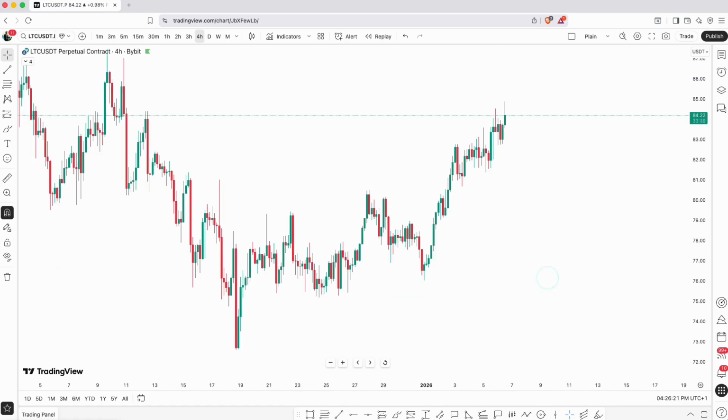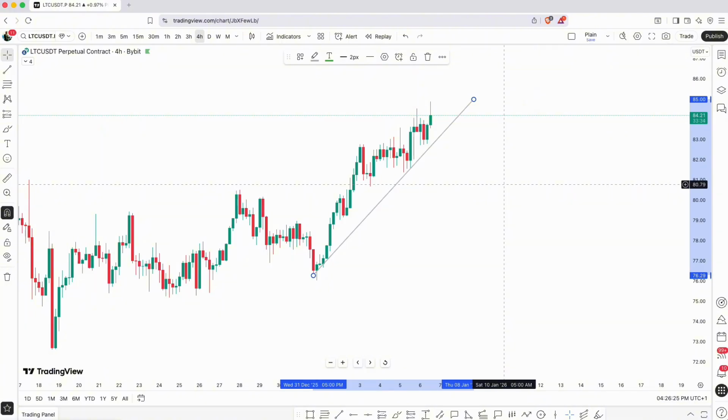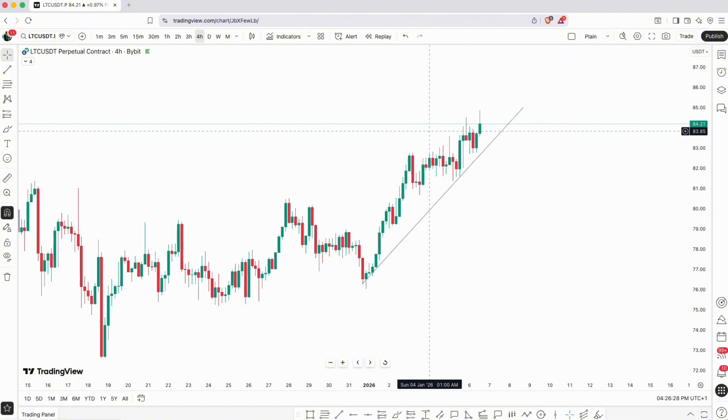So if the market, for instance, is in an uptrend, what you want to be doing when you go to the lower time frame is to be looking for pullbacks. On the lower time frame, this pullback here will automatically create a structure of its own, and you see it as a downward market, right?